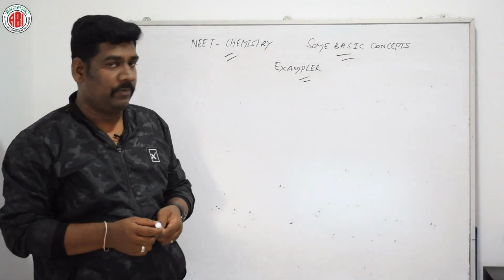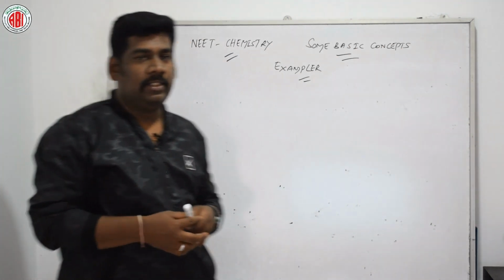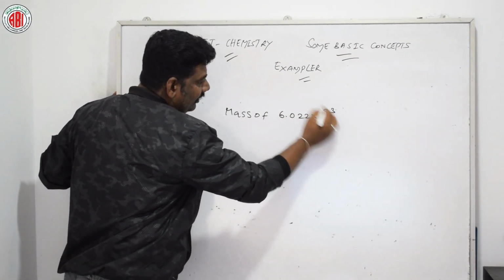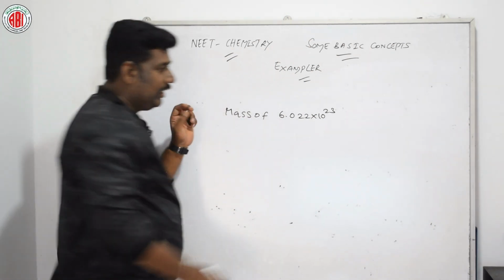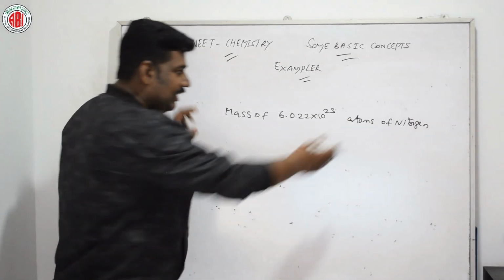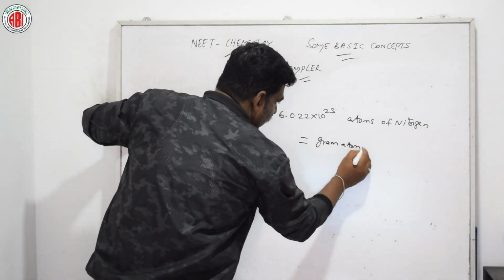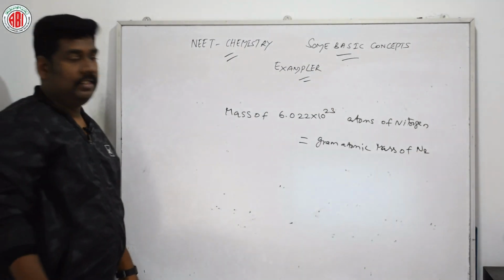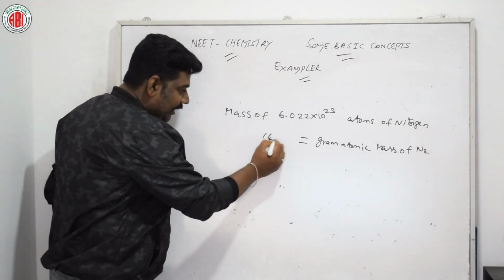We are going to use the mole concept. We know about the mole concept, right? The mass of 6.022 into 10 to the power of 23 atoms of nitrogen is equal to the gram atomic mass of nitrogen, whose value is around 14 gram.